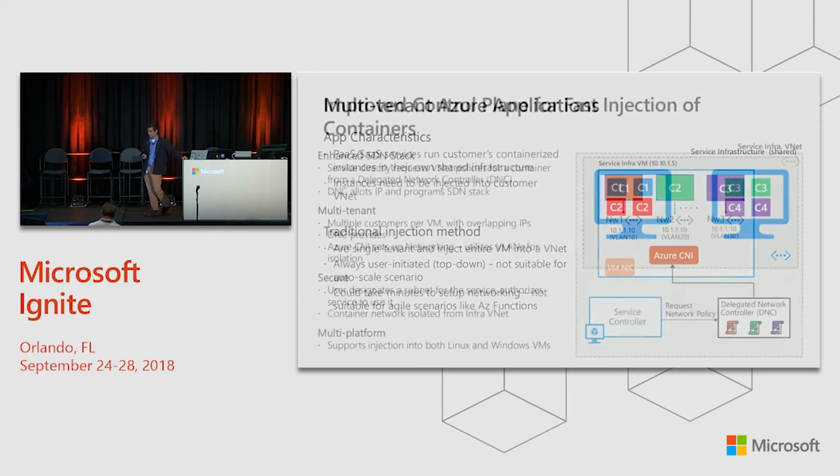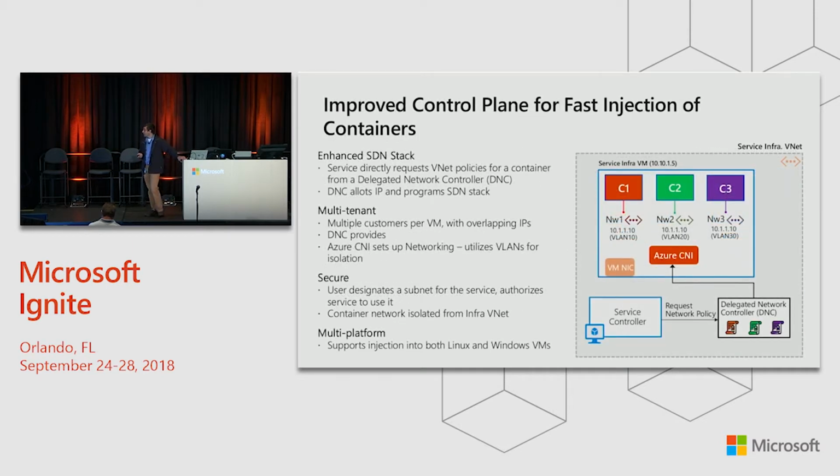So with that in mind, we have come up with a few critical enhancements to our SDN stack, which allow you to inject containers into your VNets very quickly. This is a solution that a lot of PaaS and SaaS services in Azure are slowly integrating with. I'll talk about some of the key aspects here.